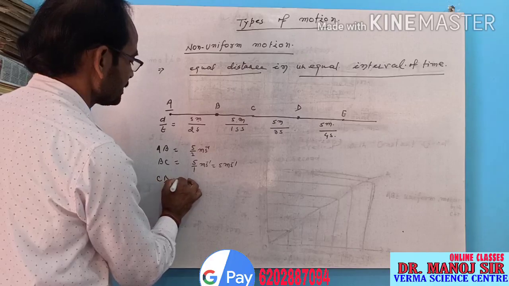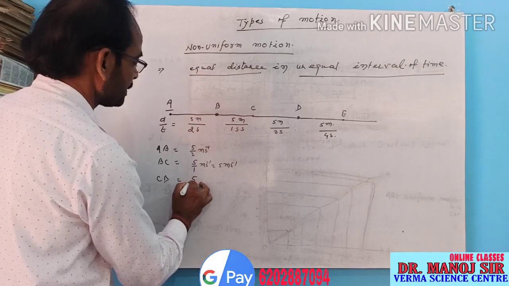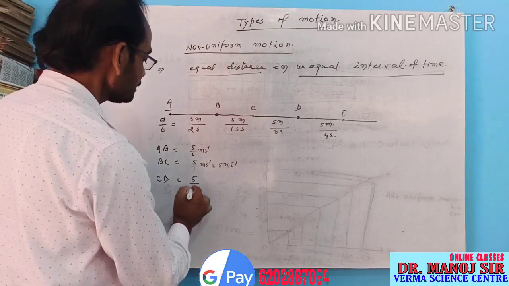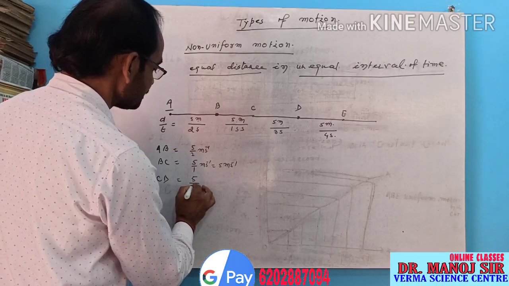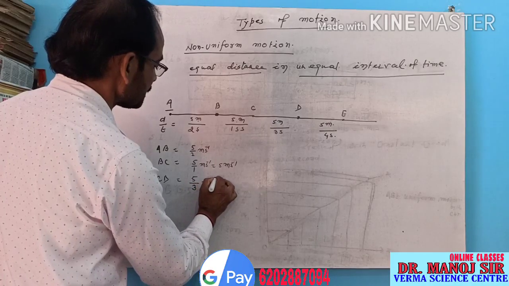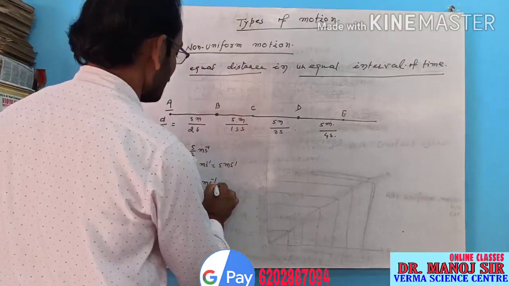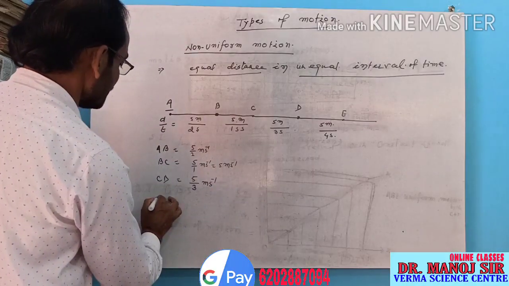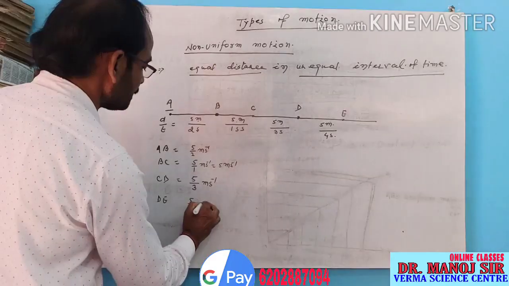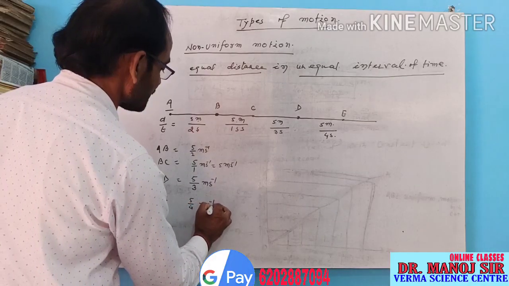C to D: 5 upon 3 meter per second, and D to E: 5 by 4 meter per second.